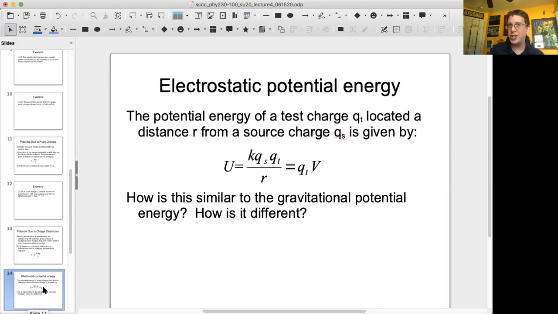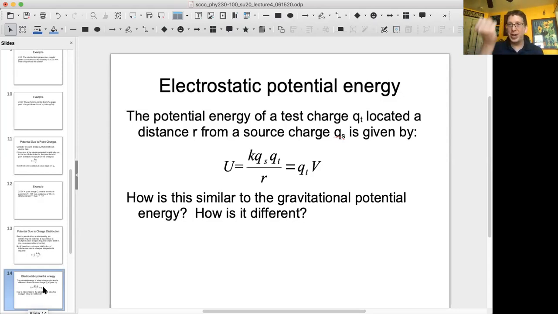You lose potential energy when you bring two attractive objects toward each other, or when you pull repulsive objects away from each other. You gain potential energy when you bring two repulsive objects towards each other, or when you move two attractive objects away from each other. And that's true whether you're talking about gravity or electricity. With gravity, you lift an object away from the Earth's surface, it's gaining potential energy.